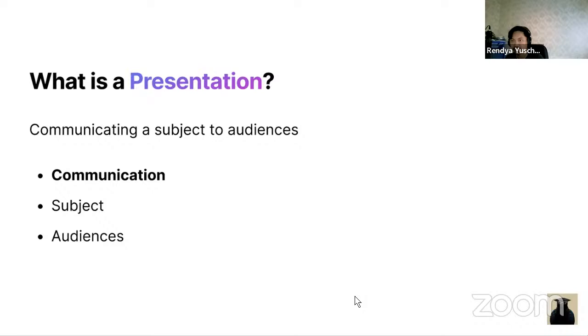By a good presentation, I mean you know these three things well. You have good communication, at least good knowledge about the subject, and not a good audience, more like a well-targeted audience, right? These three matter most when we have a presentation. A good or bad presentation depends on these three.